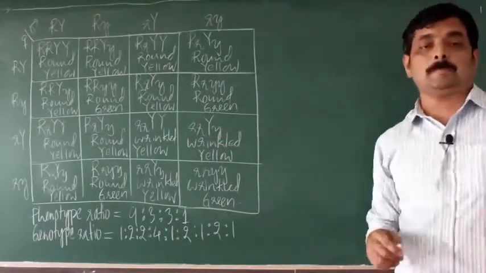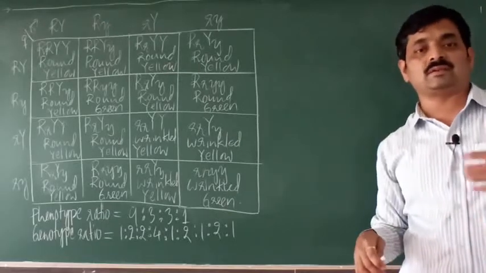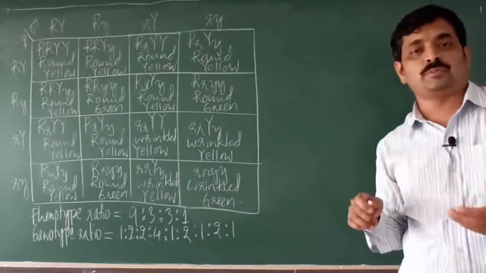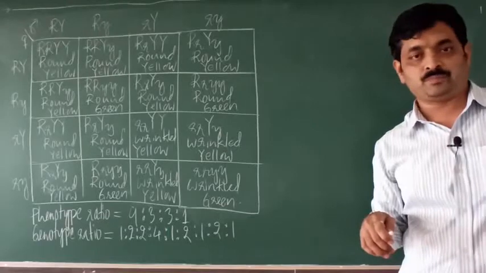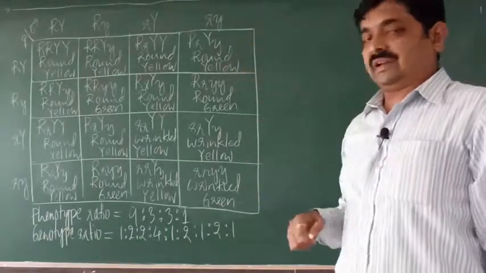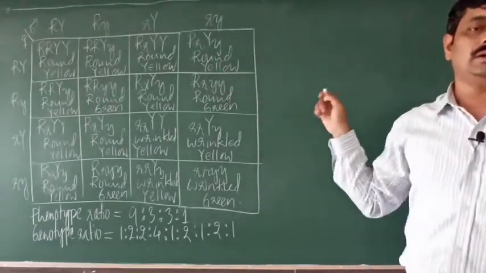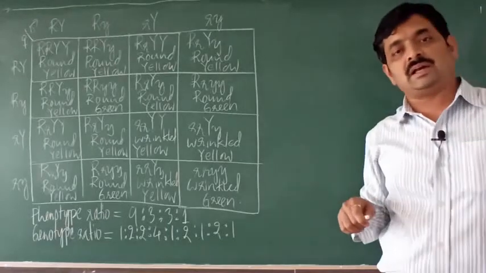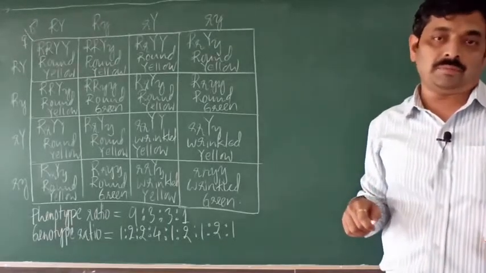So ratios of phenotype and genotype can be calculated as we have done in the monohybrid cross experiment, right? So that is about the dihybrid cross experiment conducted by Mendel in the pea plants.